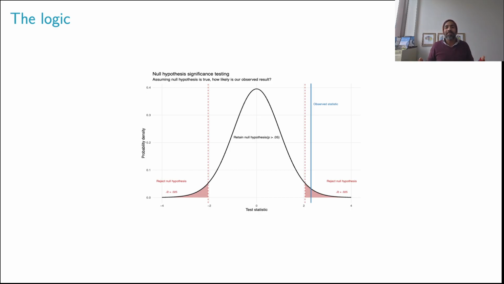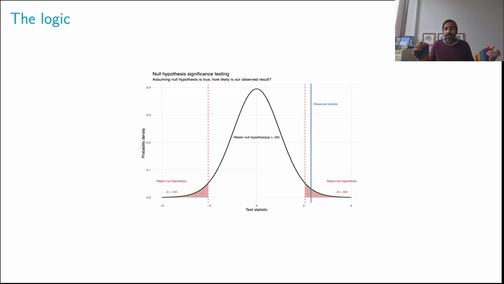But we have our null hypothesis here, and we collect some data, and we want to see what's the likelihood of this test statistic, this data occurring, or this effect occurring under the null hypothesis. And if it's in the red zones, which in this case is 0.05, the typical threshold that we use, so that's 0.025 at either tail of that distribution.